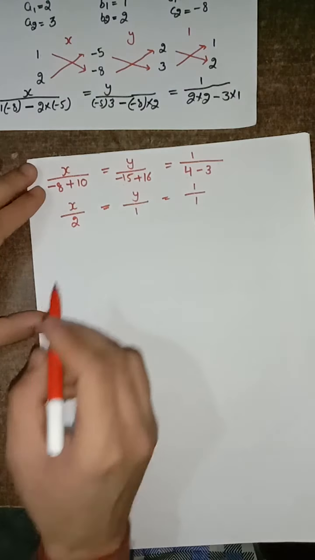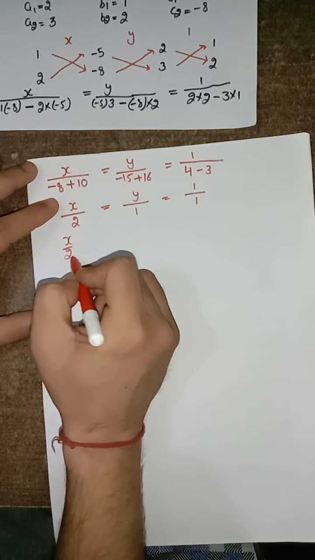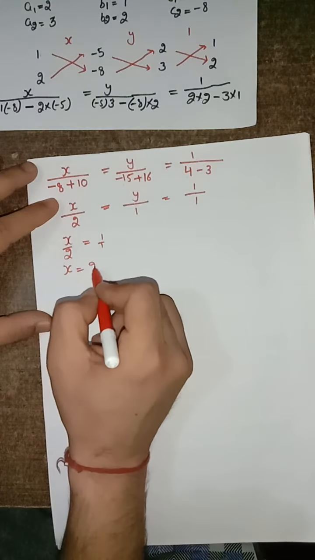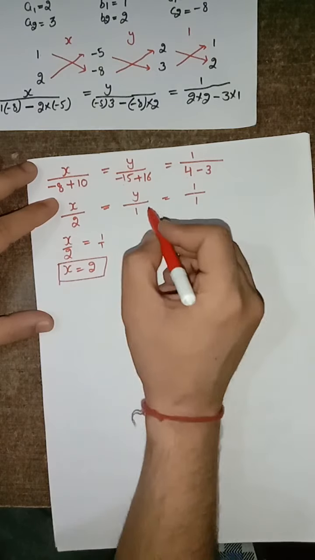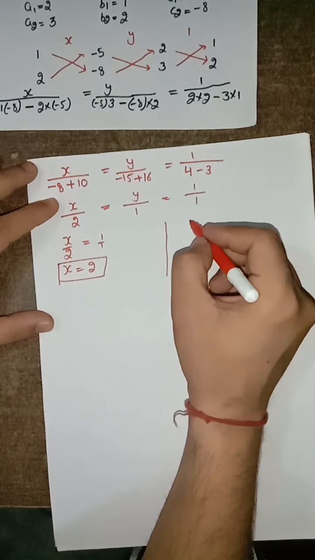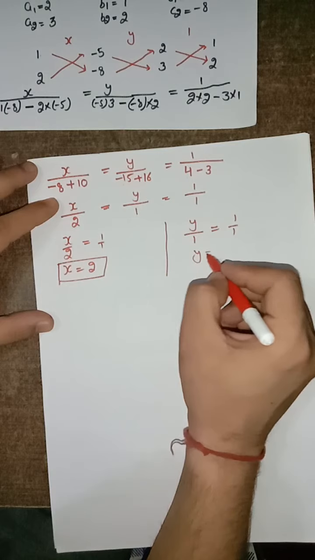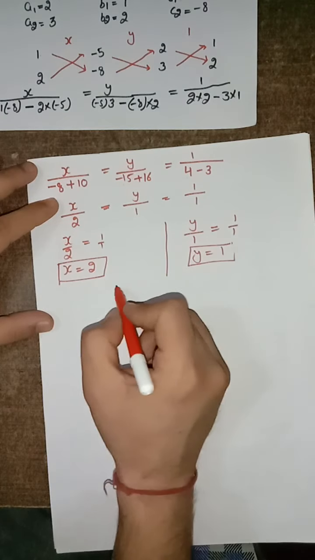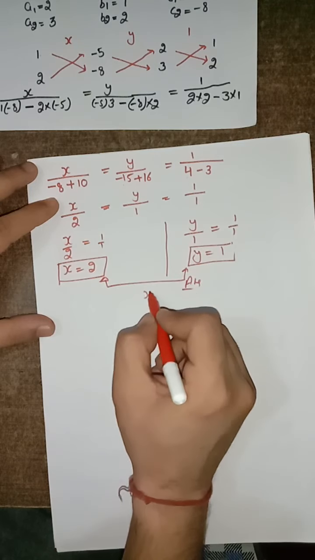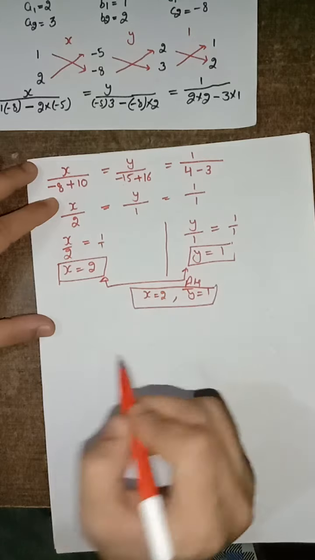Now to find the value of x, we equate x divided by 2 with 1. We will get x equals 2, and to get the value of y, we equate y divided by 1 with 1, so y becomes 1. Both x equals 2 and y equals 1, and this is our answer.